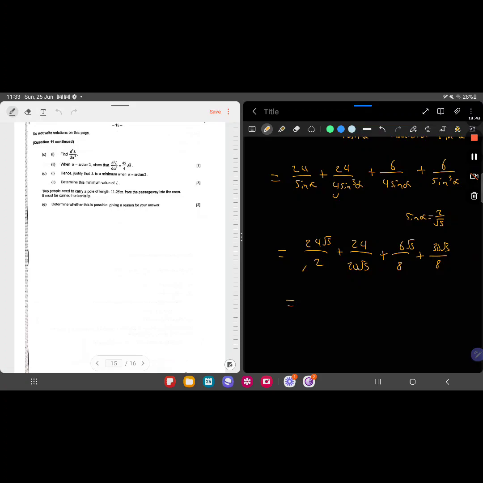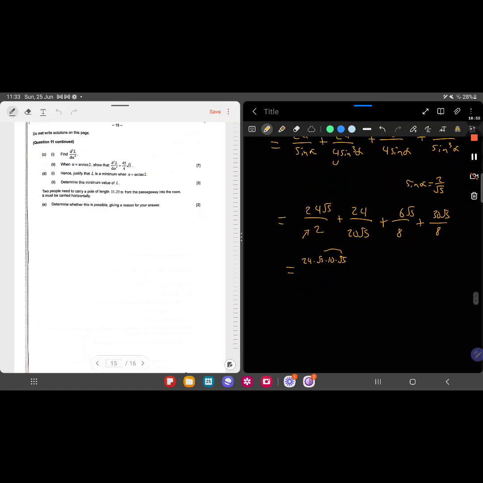Times 10 root 5 on both sides here. So 24 times root 5 times 10 times root 5. These become 5. 240. Wait, 240 times 5. Okay, that's what? 1200? Yeah.